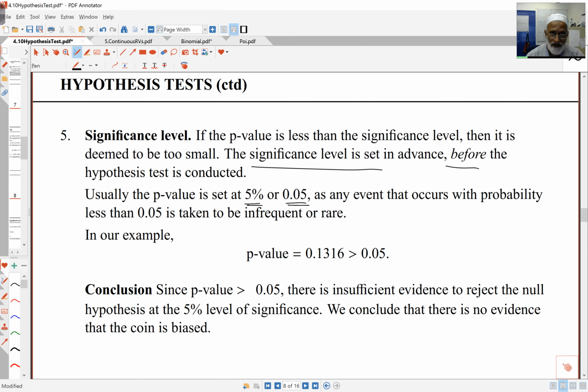Anything lower than that is too small, bigger than that is big. So in this case, my p-value is 0.1316 and is bigger than my significance level 0.05. So we conclude that since the p-value is bigger than 0.05, there's insufficient evidence to reject the null hypothesis at the 5% level of significance. So here we conclude there is no evidence that the coin is biased. In other words, I can get 13 heads out of 20 tosses quite often, and so the coin is unbiased.